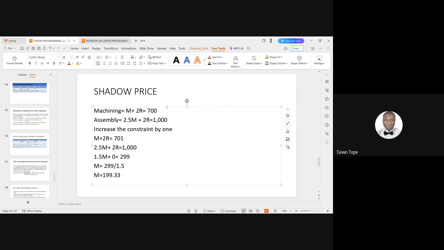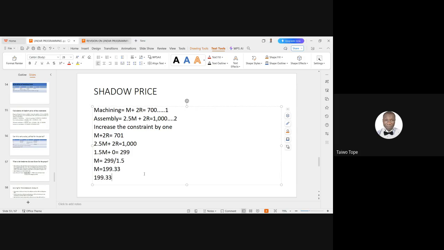This is equation 1. Equation 2. So it will now be what? M will be 199.33 plus the value of R is what? 2R. Okay. 2R equal to what?